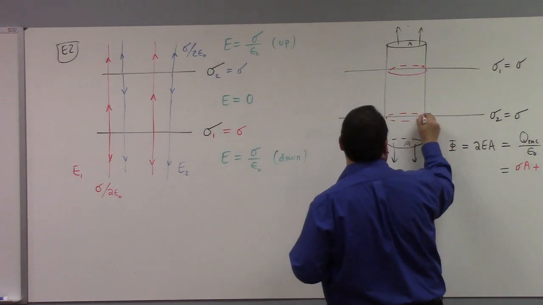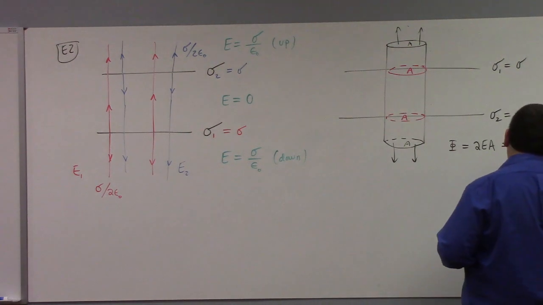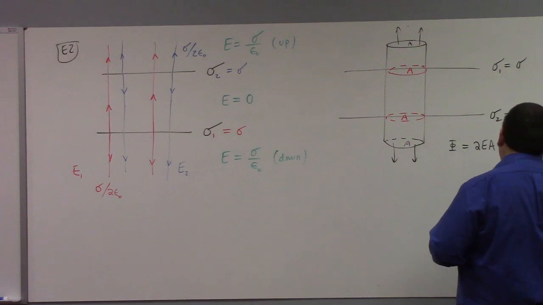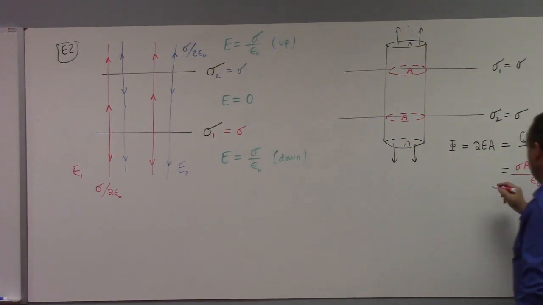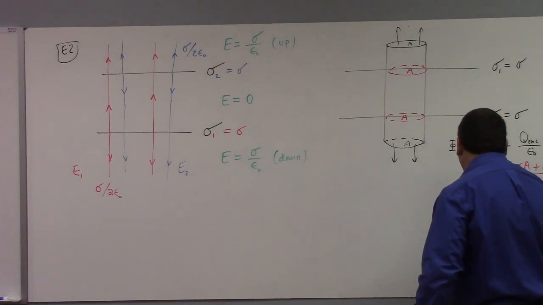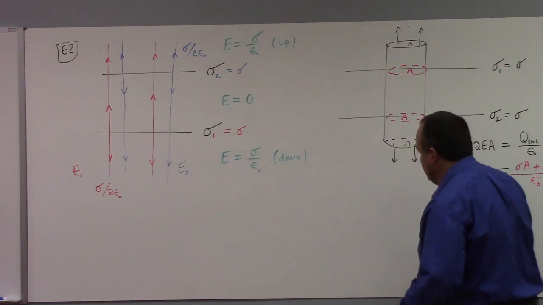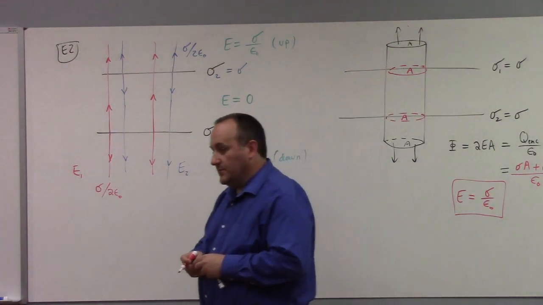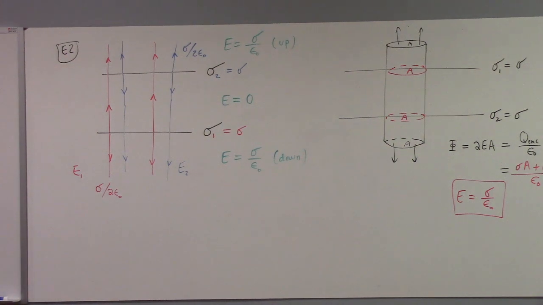So the 2's cancel, the A's cancel, and lo and behold, E is sigma over epsilon naught, which is exactly what we found over here by the principle of superposition, in the upper and the lower case.